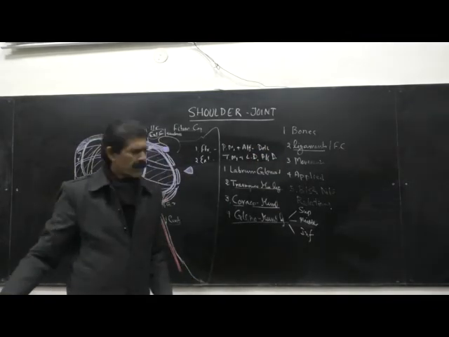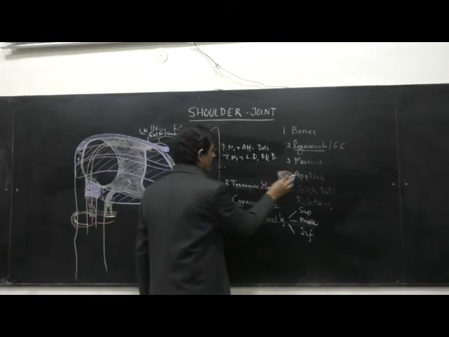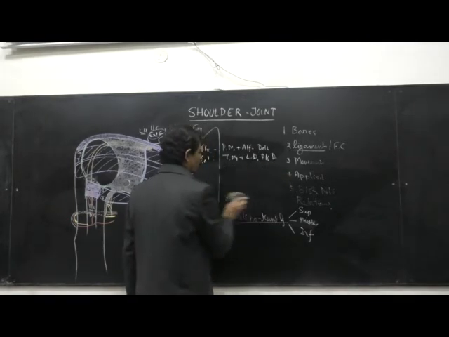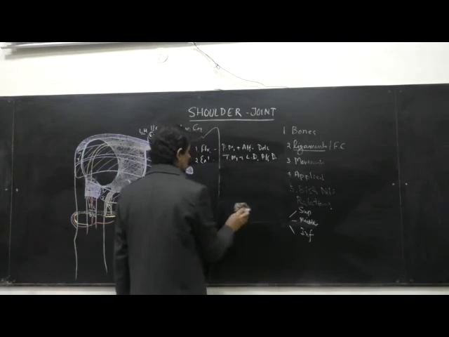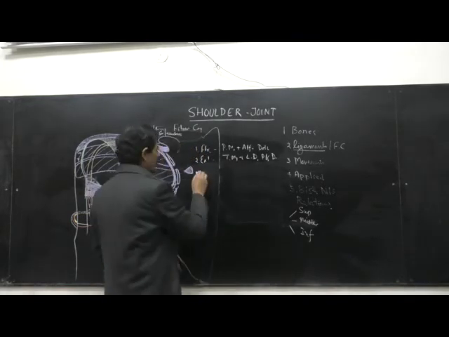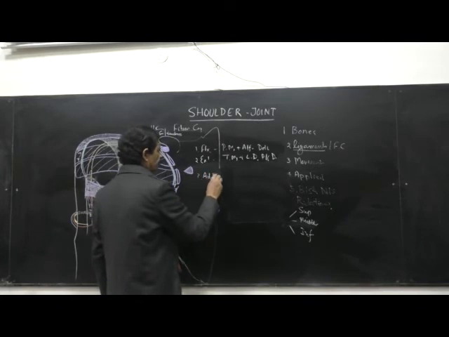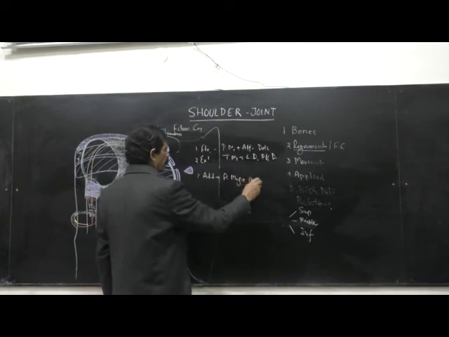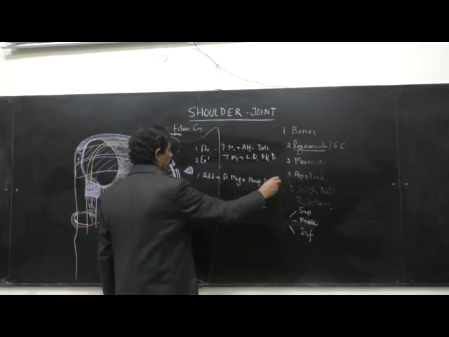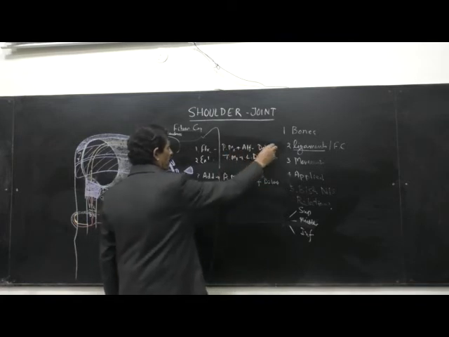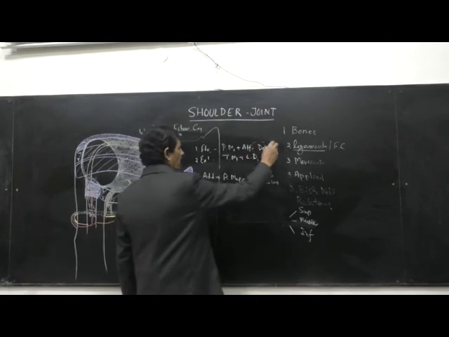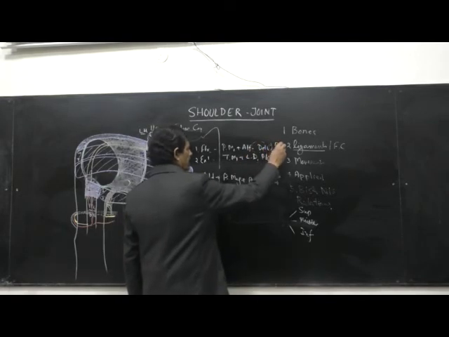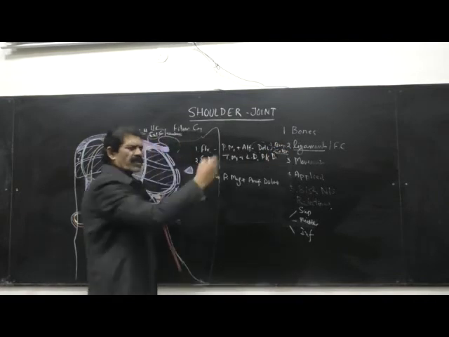Then comes adduction. Adduction is done by the pectoralis major muscle. The flexion is also done by the anterior fibers of the deltoid along with the biceps and coracobrachialis.